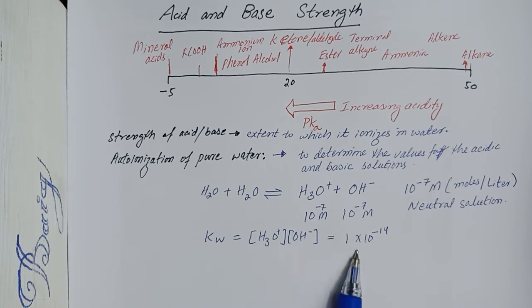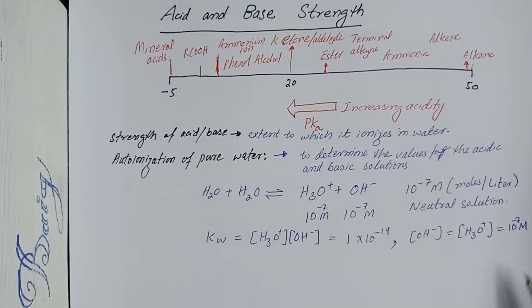So the total product is equal to 10 to the power minus 14, because the concentrations of the hydroxide ion and the hydronium ion are equal in pure water. You can easily calculate the concentration of both. That is equal to 10 to the power minus 7 molar for each ionic species produced through the process of autoionization.